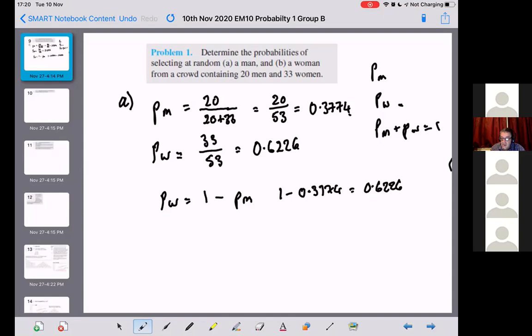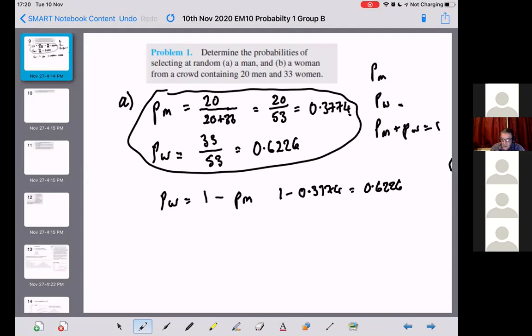All right. If you do it this way, calculate one, calculate the other, then there's a check that these two, 0.6226 and 0.3774, must add up to 1, there or thereabouts, depending on any rounding that you've done.